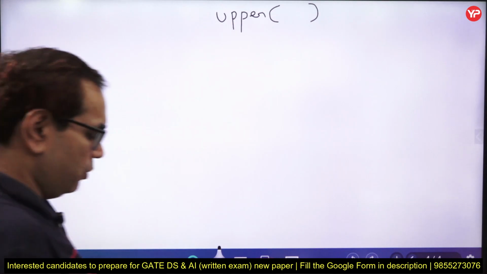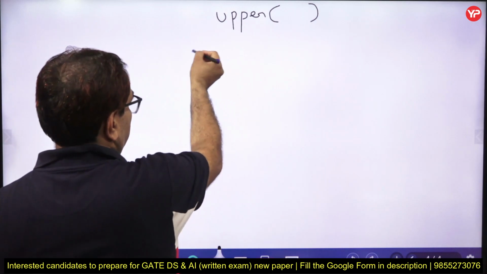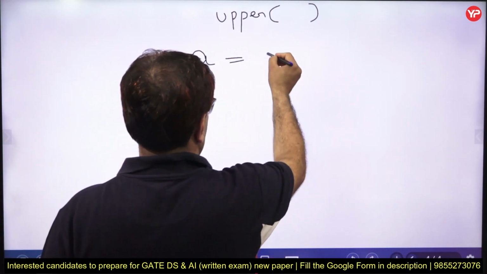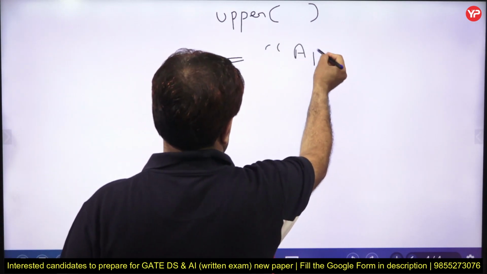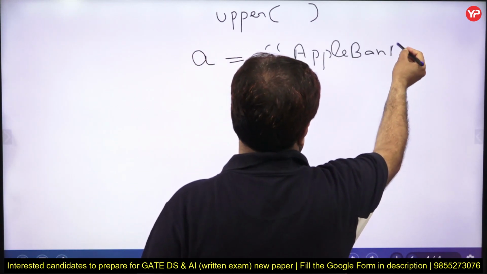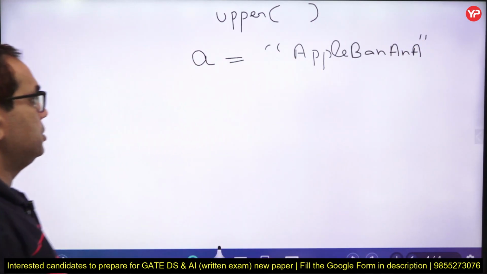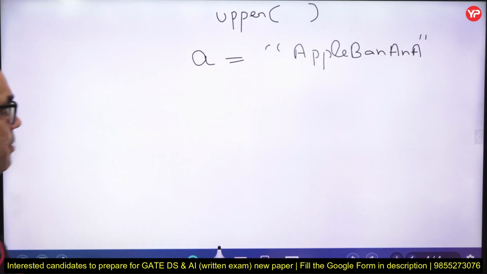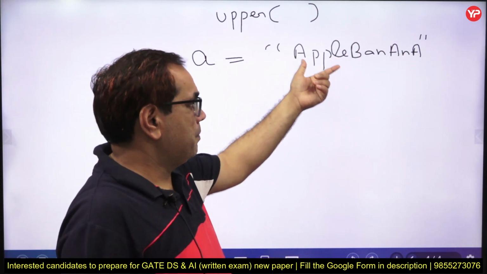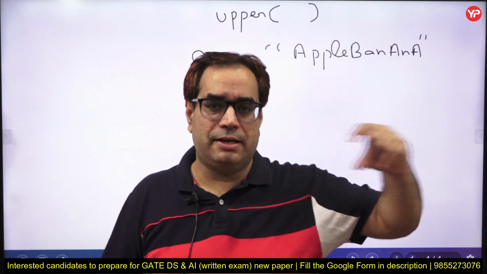So how can we use this? Suppose we have a string, a equal to apple banana. Here we have a combination of uppercase and lowercase letters, and we want to print all these letters in uppercase.